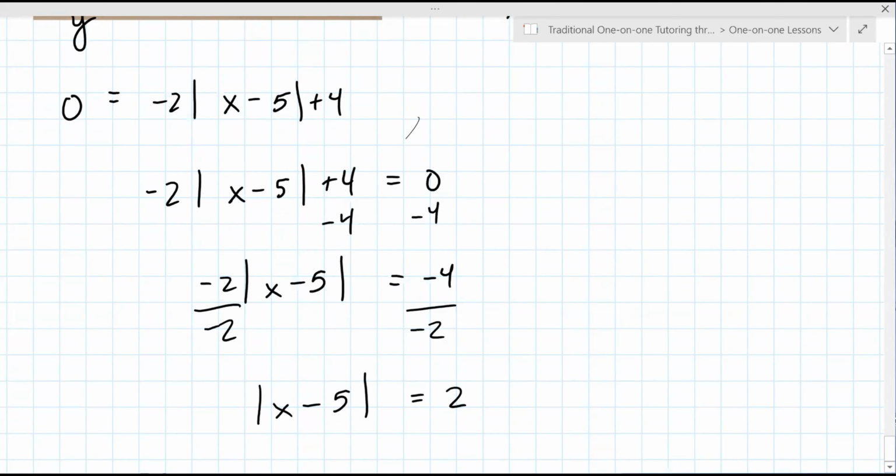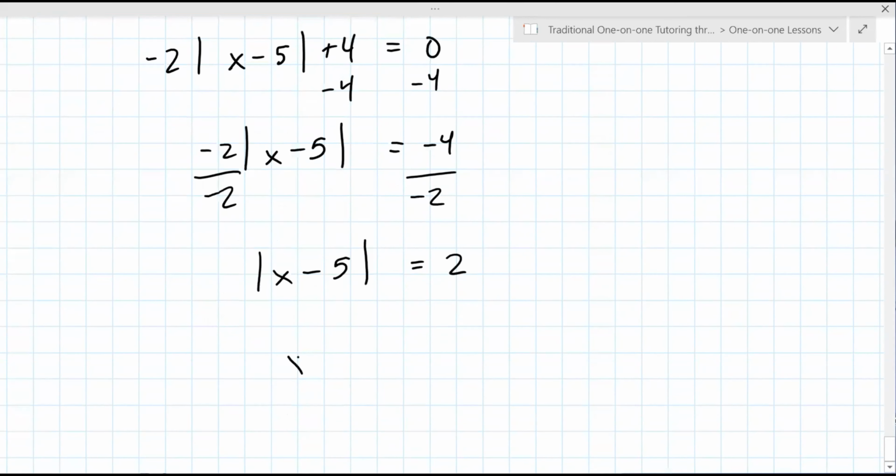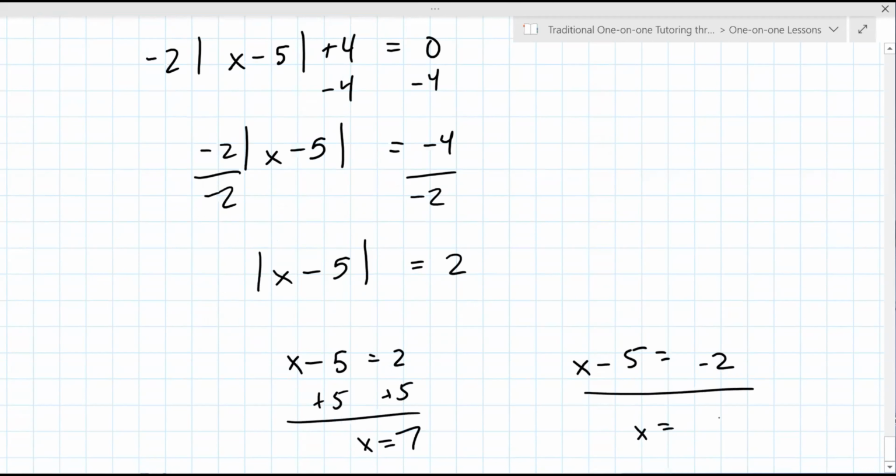So then this does have a solution because it's a positive number. So then you'd have to write that out. Yes. So you'd have x minus 5 equals 2, and then x minus 5 equals -2. And then that would be x equals 7. Perfect. And then x equals 3. Perfect.